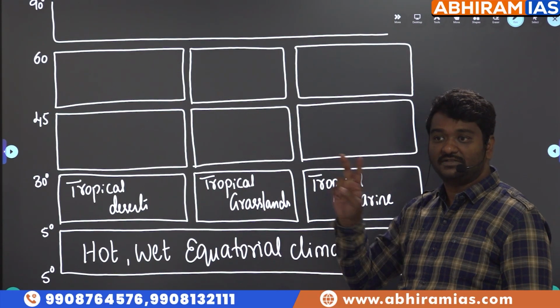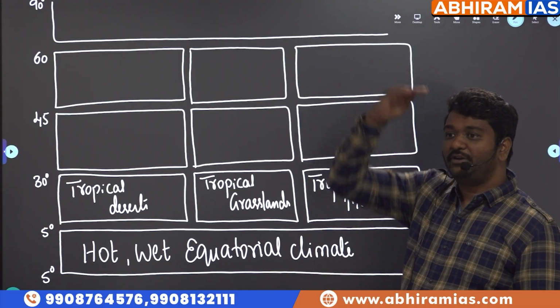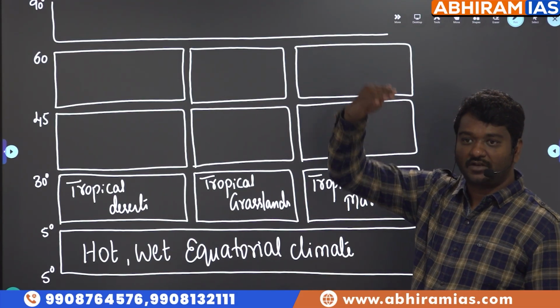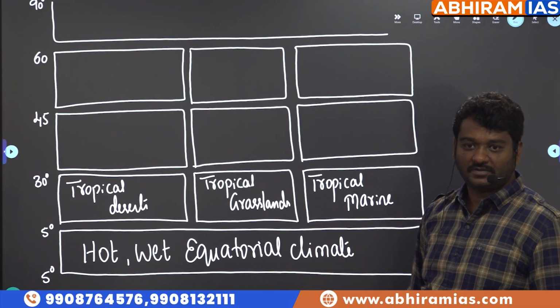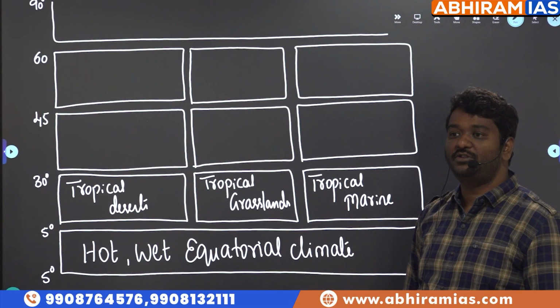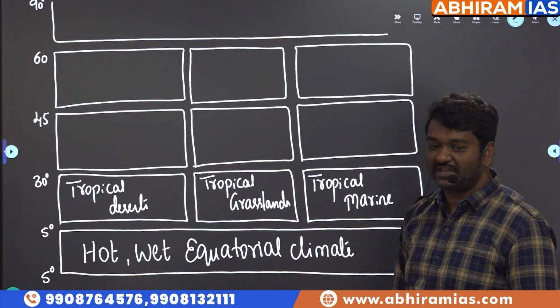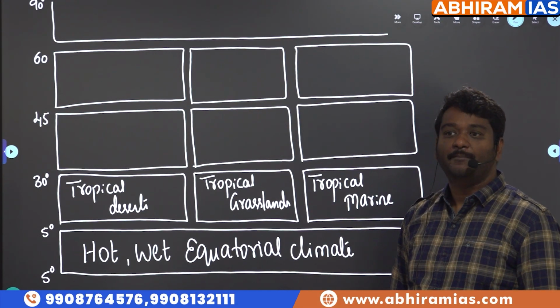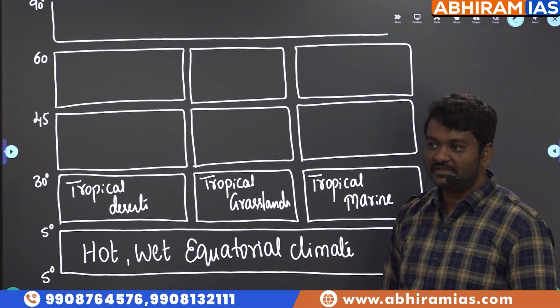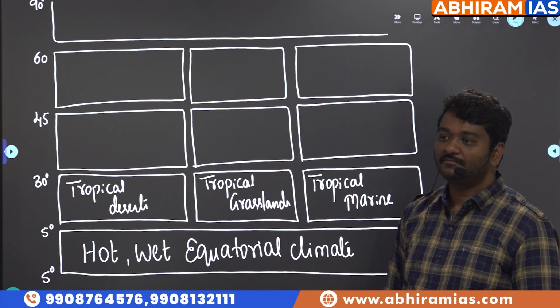Are you getting the point? Second, you see, above desert, do you have Punjab, Haryana region? Yes. Punjab, Haryana, do they receive rainfall in winter season? Do you recollect western cyclonic disturbances, winter season? Punjab, Haryana gets rainfall. From where do they get rainfall?